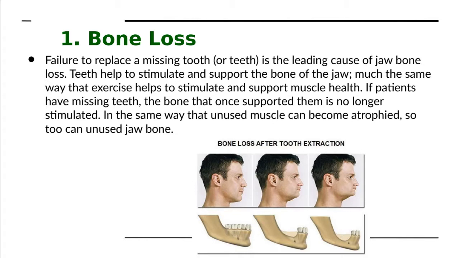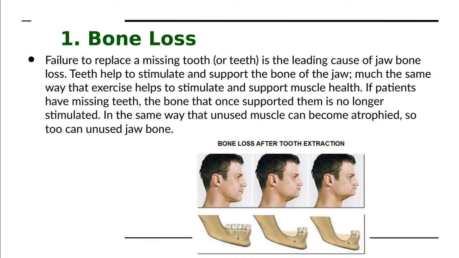I told you, when there are no teeth, there is no positive stimulus to the bone, so the bone starts resorbing. So there is residual alveolar ridge resorption which is happening, and this is almost related to something called disuse atrophy.